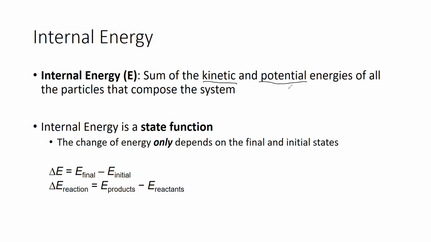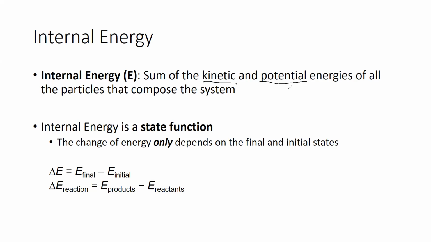And so the energy that's in a particular system is simply how much kinetic you have plus how much potential you have. For chemistry, when we talk about energy, it's going to be molecules, it's going to be elements. So we're really talking about how much energy is due to all the particles of our system. But just remember, internal energy is the sum of kinetic plus potential. And internal energy is what we call a state function.